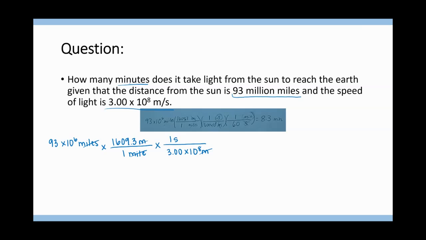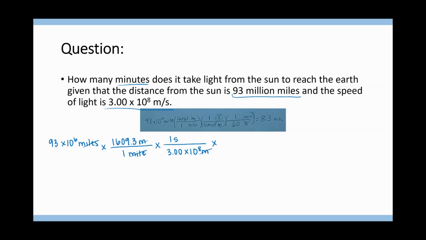That's the unit that we're working with here. So we converted the distance from miles to meters, and then now we're seeing how long it takes for light to travel that distance. So we use the speed of light. If we ended it here, we would find how long it takes light to travel that distance in seconds. But the question asks for the answer in minutes.